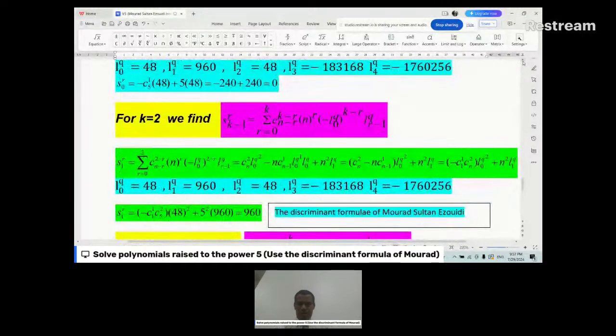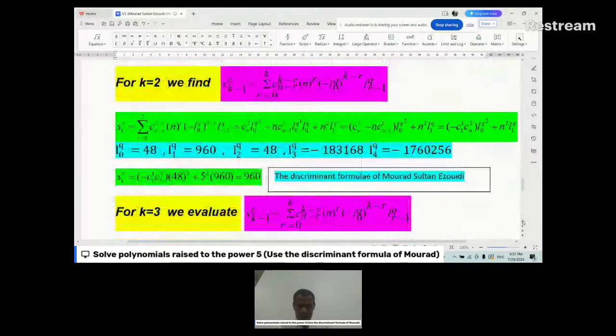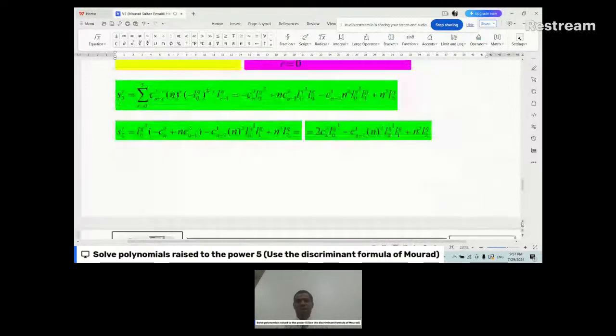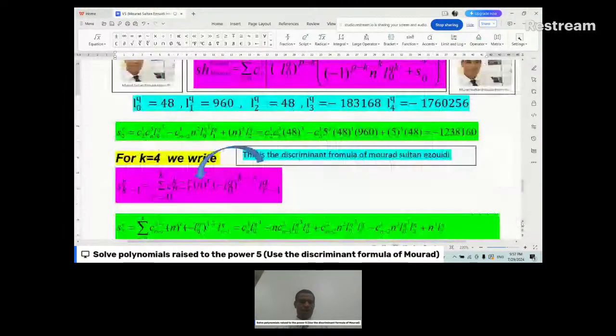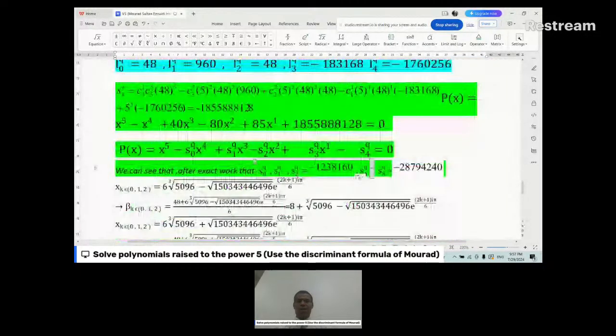S1 is 960. S2 is equal to negative 1,238,160.